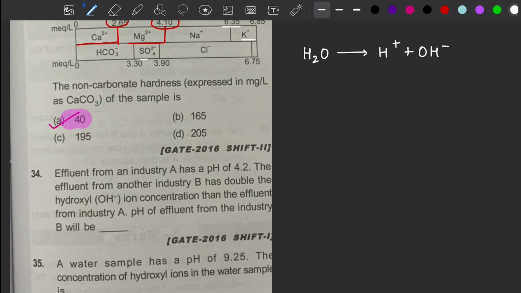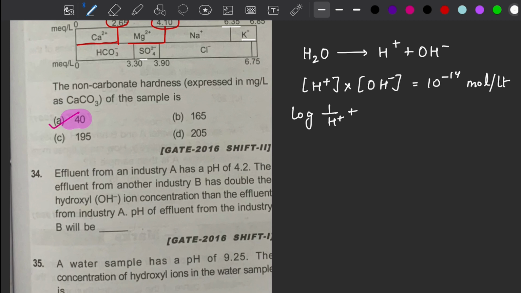And we know that the H plus ion concentration multiplied by OH minus ion concentration is 10 to the power minus 14 moles per liter. If we take log on both sides, we get log 1 upon H plus ion plus log 1 upon OH minus ion is equal to 14, right?